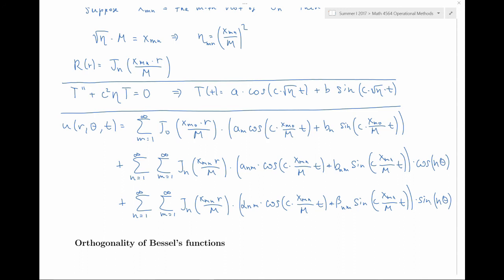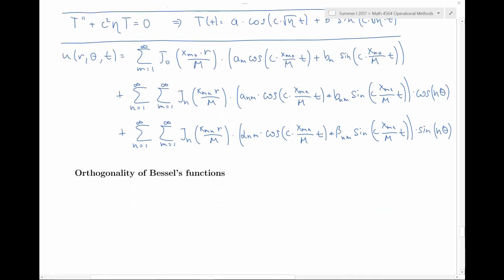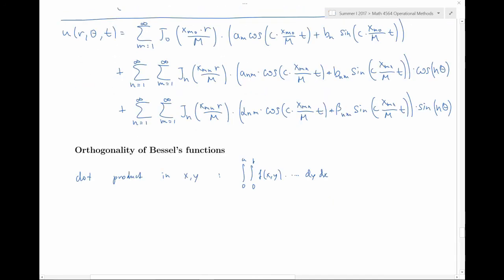We've seen that the dot product in the xy direction was a double integral from 0 to a and from 0 to b of some function of x and y times something else, dy dx. But in polar coordinates, the dot product is different.